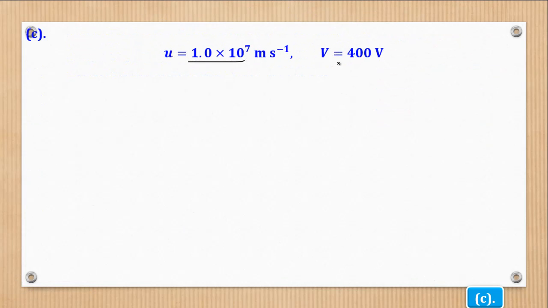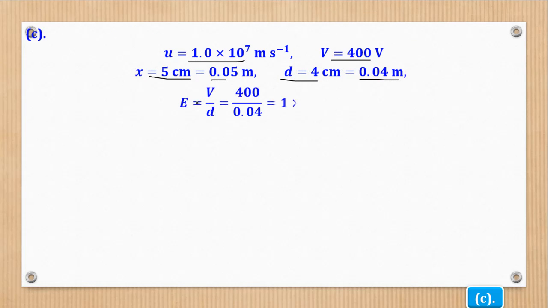So initial velocity is that, PD is that. X is 5 centimeters, which we convert to meters. D is 4 centimeters, convert to meters. So electric field intensity is V over d, the separation. V is there, d is there, get that.